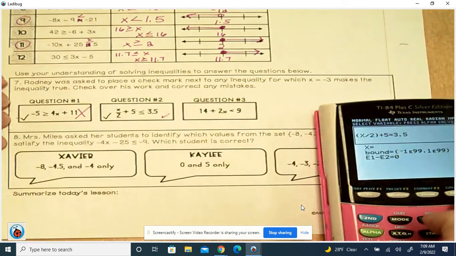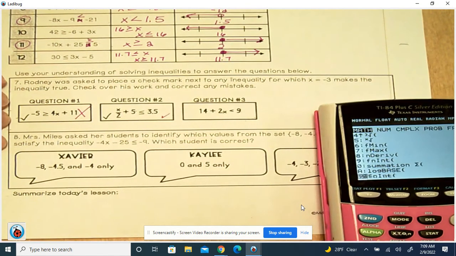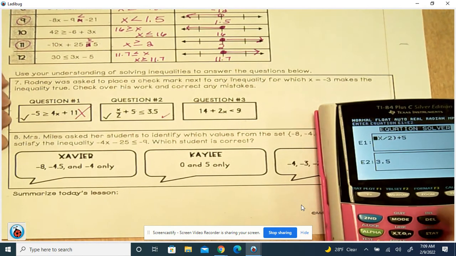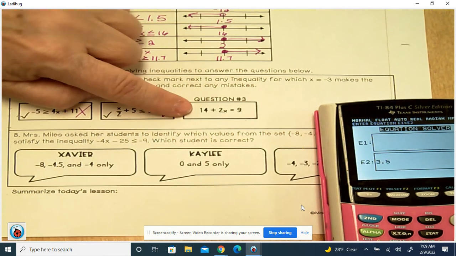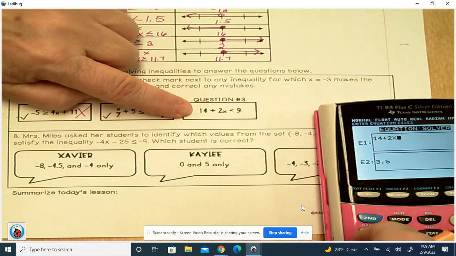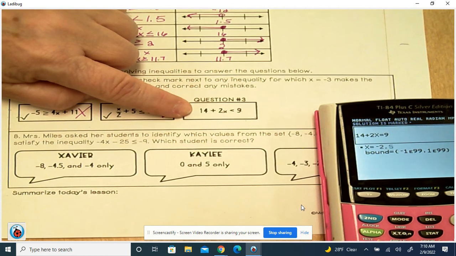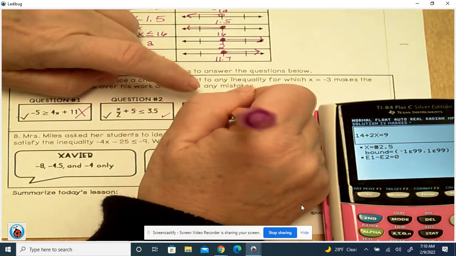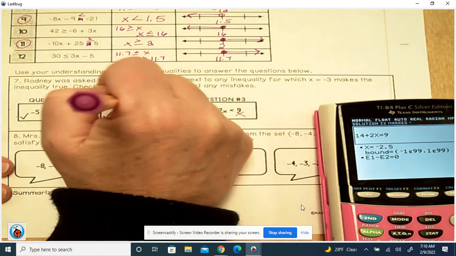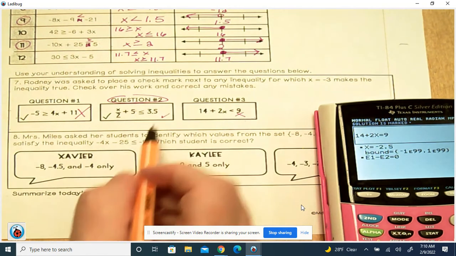And then we've got 14 plus 2x. Come down and clear it, 9. Enter, alpha, enter. You got negative 2.5. So the question here's number 2.